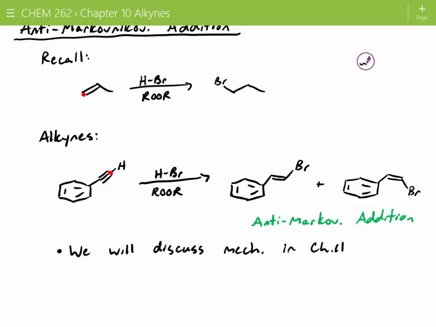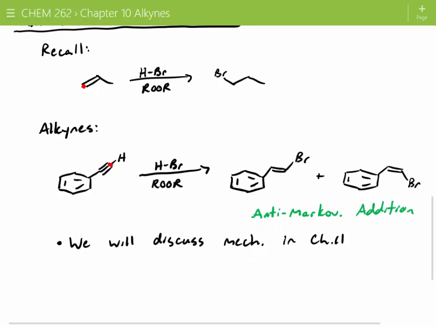It goes through a radical mechanism that's a little bit more complicated, but we're going to leave that until chapter 11 for right now. But just remember the anti-Markovnikov addition is favored through the addition of peroxides.